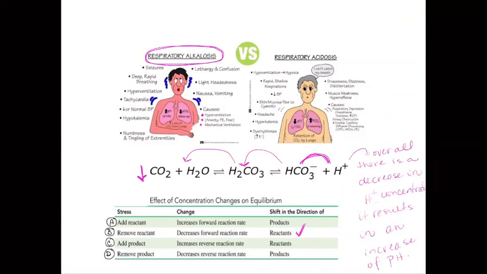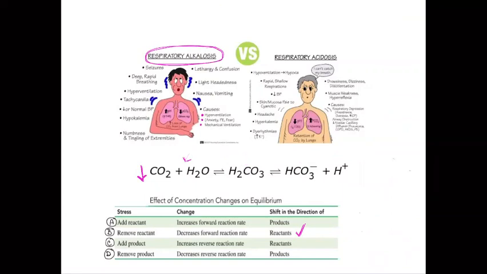They will be on the class website. It's just that I need to erase the notes that we did here so we can talk about respiratory acidosis. Let me just erase this. So then we can talk about acidosis.